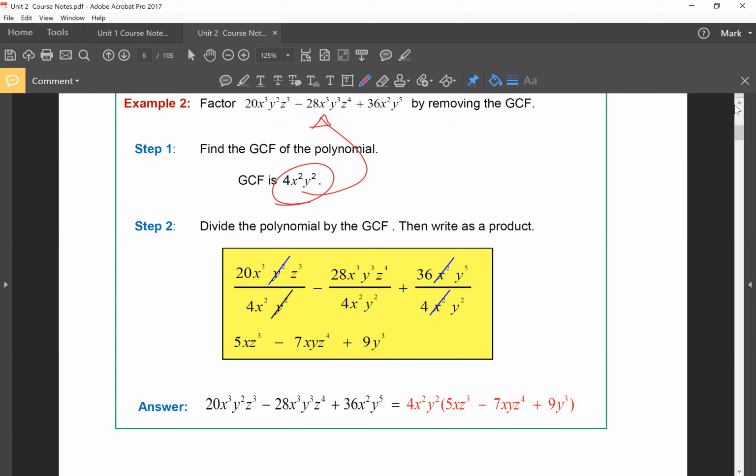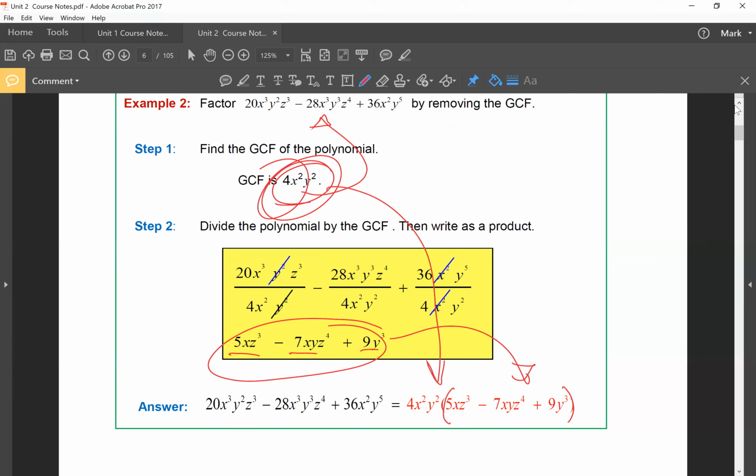So I divide each of these terms and I get this. Now putting it all together, the GCF gets written and what's left over gets written with brackets around it. This is called factored form. This has been factored. Nasser, you have a question?